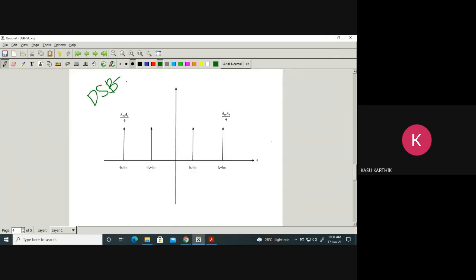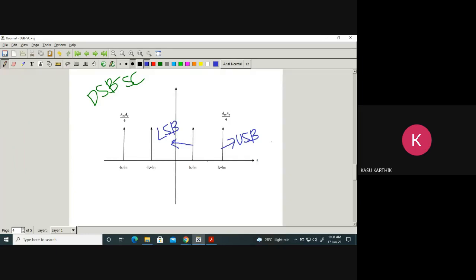Remember, this is the spectrum whenever m of t happens to be Am cos 2 pi fm t. So this is the upper sideband, this is the lower sideband. What was missing? In the AM, we observe the spectrum of these two. This is the lower sideband.